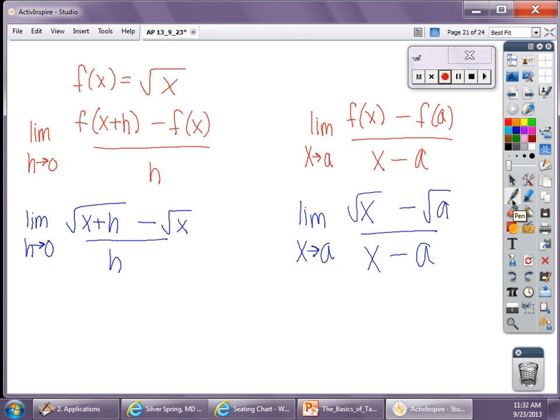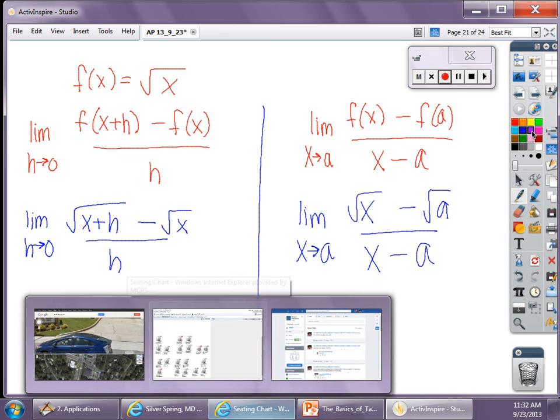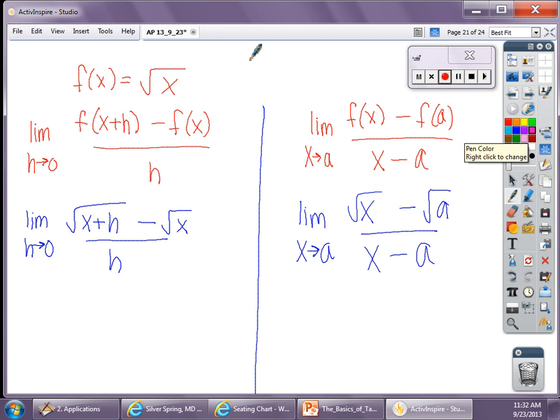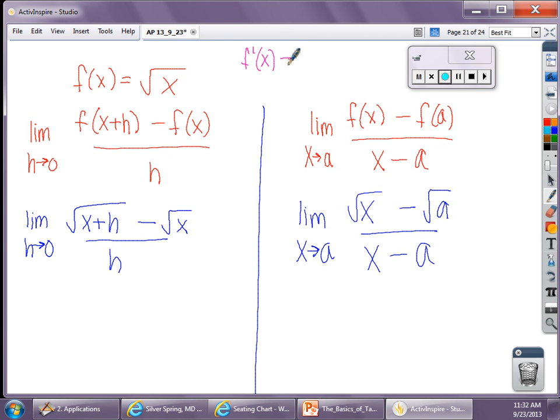Alright, that's where we're going to end class. You guys should be able to complete that process of simplifying to get down to the same 2 answers. Completely the same when you're all said and done. I'll at least give you the answer so you know if you're right or not. That's what you're trying to end with. Don't you dare just write it down. I want you to get there.